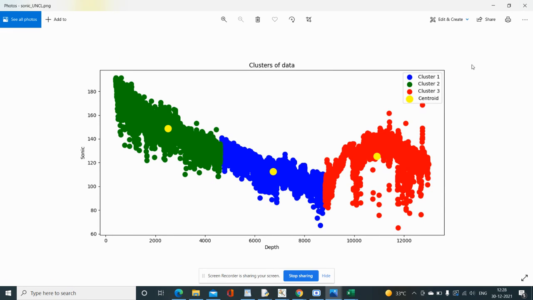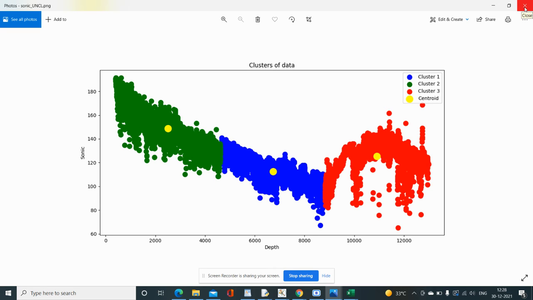Then we have this sonic data. Sonic data is also plotted here for the same well. And then also we can see that it is three clusters.